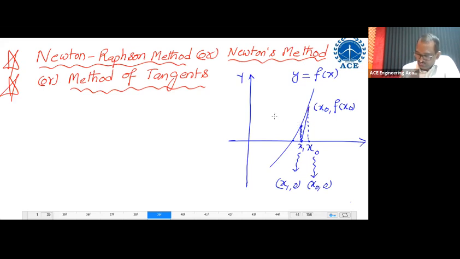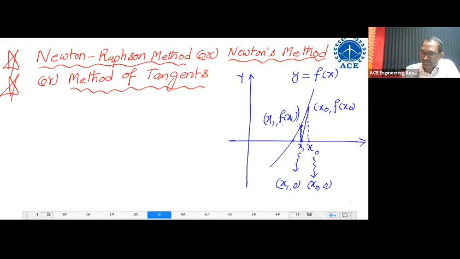So the y coordinate is f of x1. This point is x1 comma f of x1. The first tangent line was drawn at x0 comma f of x0.